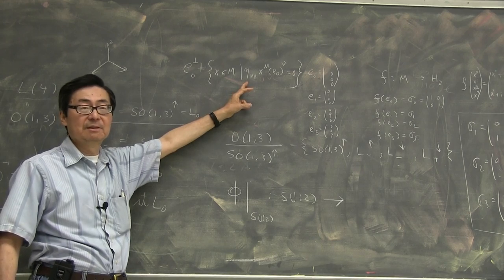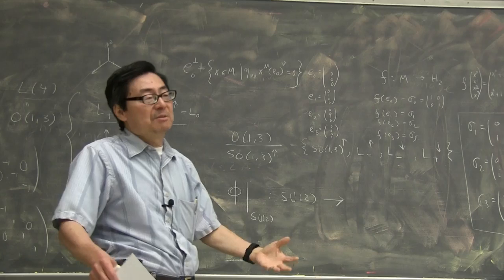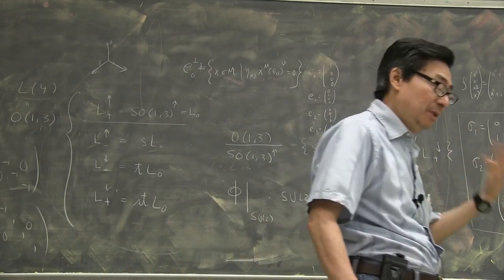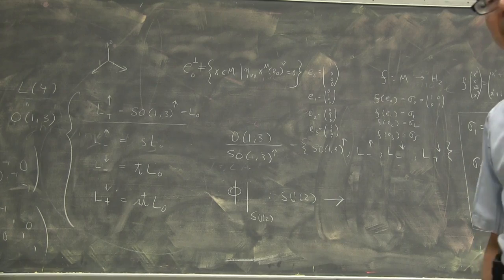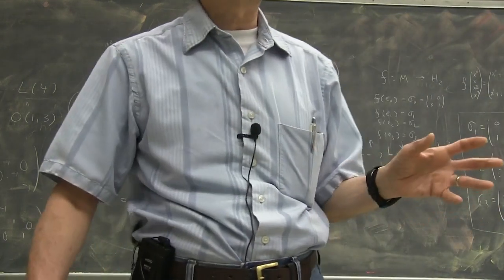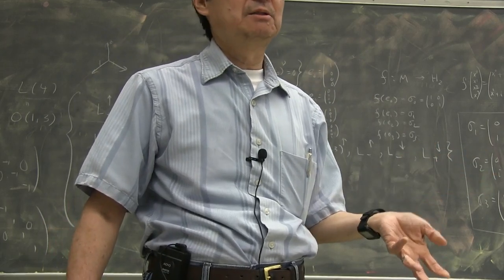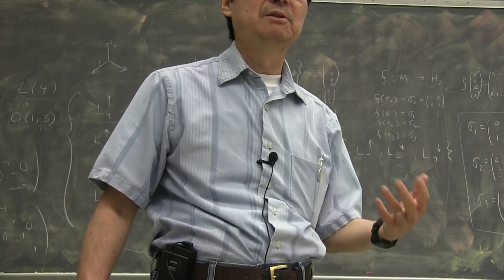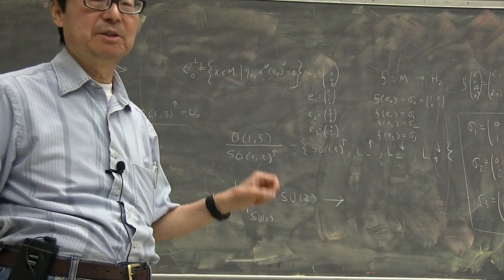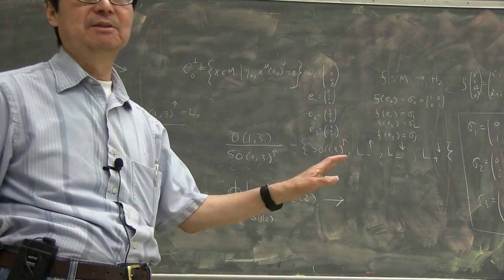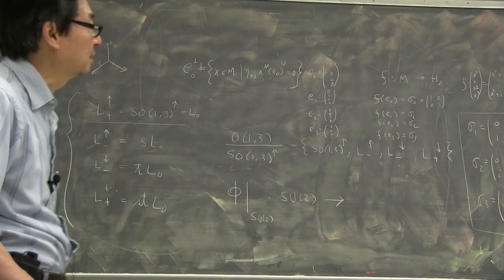That's why a metric is fundamentally something which allows you to calculate dot products, scalar products. And once you know how to calculate scalar products, then you know how to calculate lengths of vectors, because the length of a vector squared is just the vector dotted with itself. But now it's dotted with respect to the Minkowski metric rather than the Euclidean metric. So you have to be careful about this.